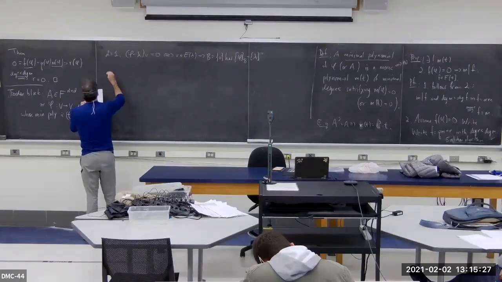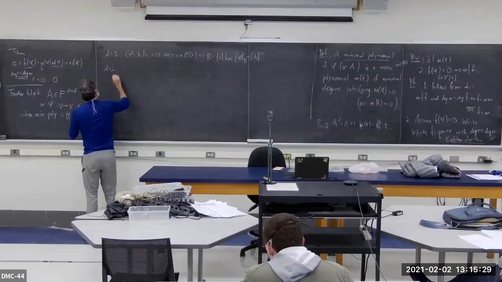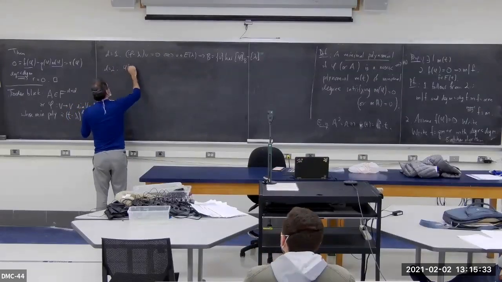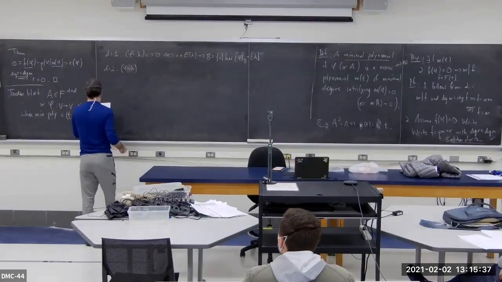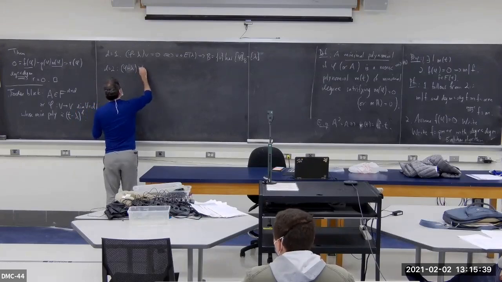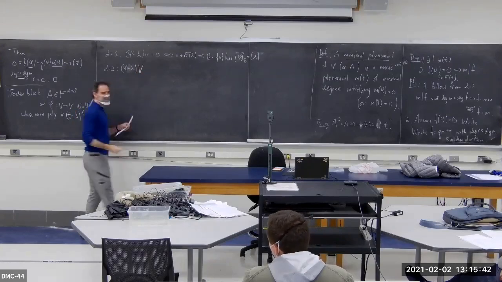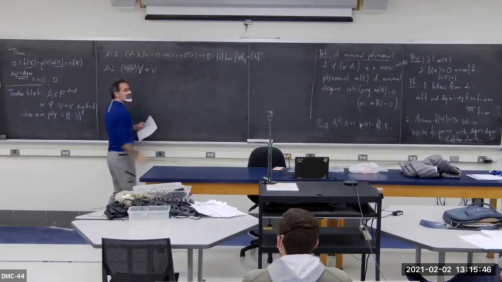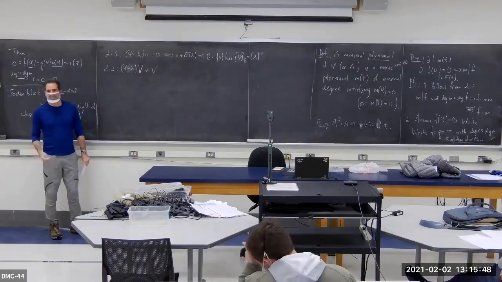Okay, how about d equals 2? And then we'll stop. So now we have phi minus lambda applied to V, that's capital V, the entire vector space. I claim that that is not equal to V. Why can't that be equal to V?